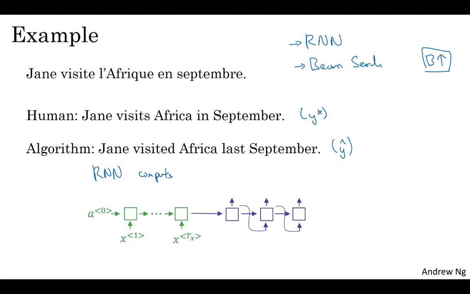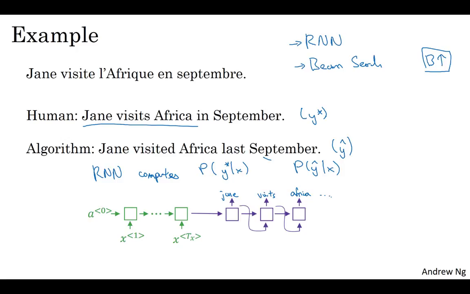It computes P of Y given X. So for example, for the sentence Jane visits Africa in September, you plug in Jane visits Africa, again ignoring upper versus lowercase for now, and so on, and this computes P of Y given X. So it turns out that the most useful thing for you to do at this point is to compute, using this model, P of Y star given X, as well as P of Y hat given X using your RNN model, and then to see which of these two is bigger.